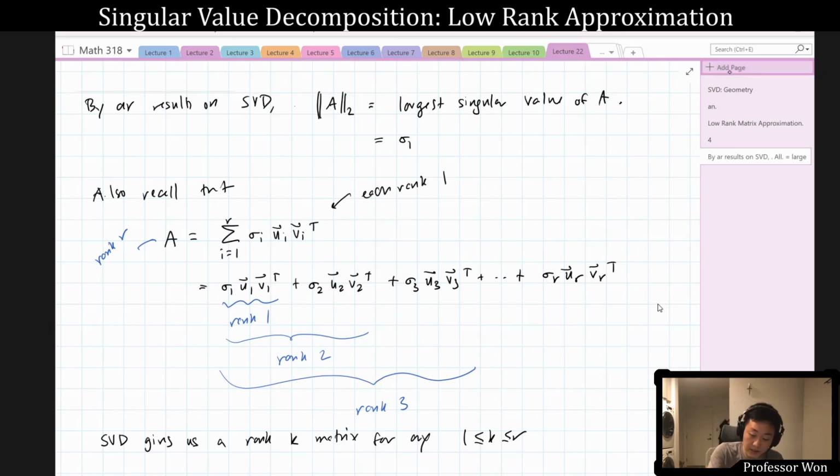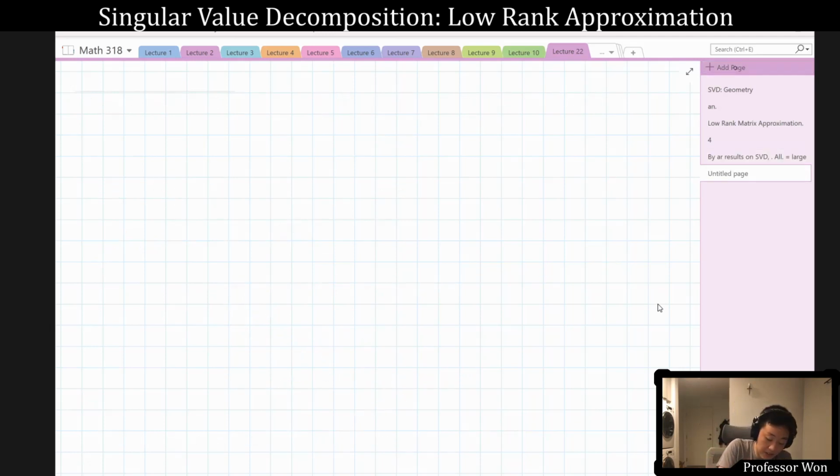Okay, so let me call this a definition. Let rank of A be R, as always. For any K between 1 and R, let's say between 1 and R and not include R, because if you're at R you're not approximating, you have the exact answer.